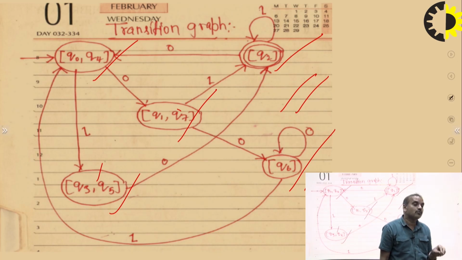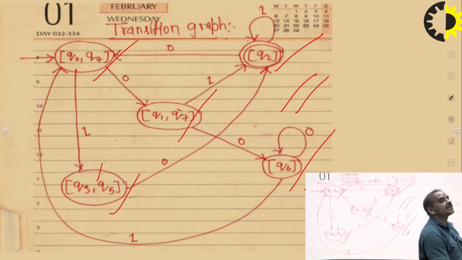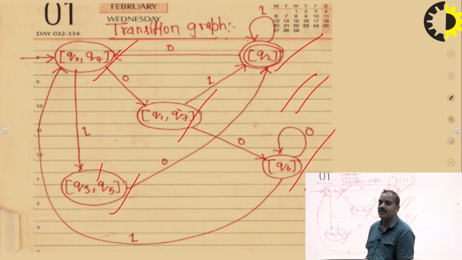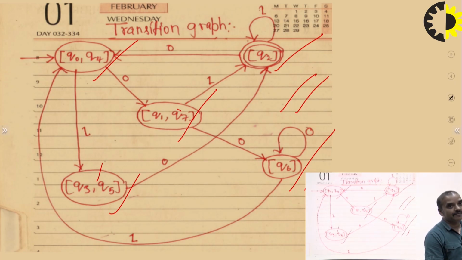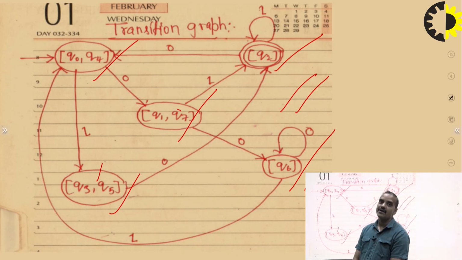That means we have to draw a table for the given diagram. If the question is given in the form of a table, there is no need to convert it to another format. We have to work on that table directly. But if the question is given in the form of a diagram, first we have to convert the given diagram into a table. After that, we have to start the grouping of states.